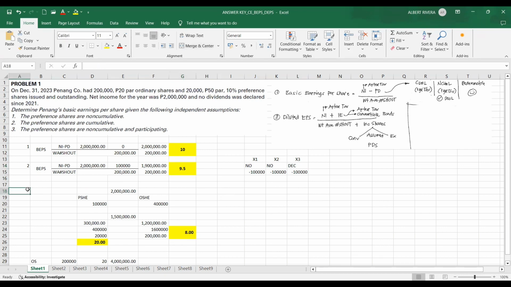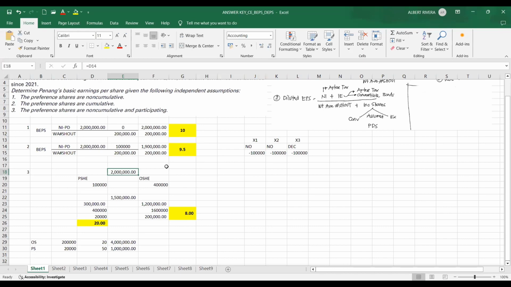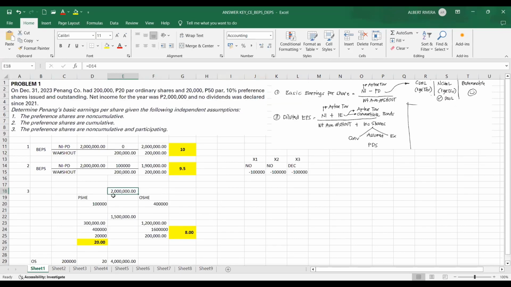In item 3, the net income reported is 2 million. Then provide a 1-year dividend to preference, which is just 20,000 times 50 times 10%. Now, to get the excess, you must also compute the dividend for the ordinary.